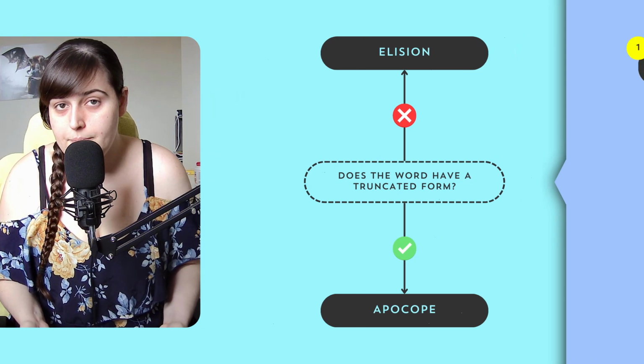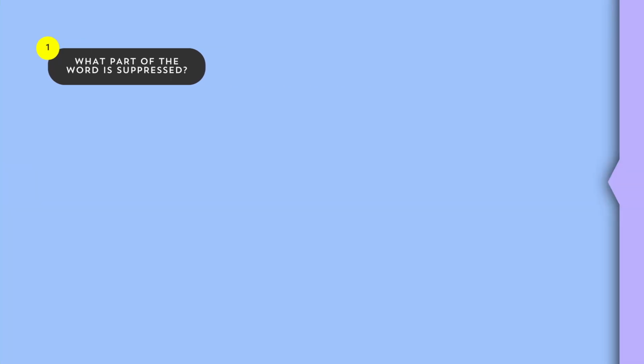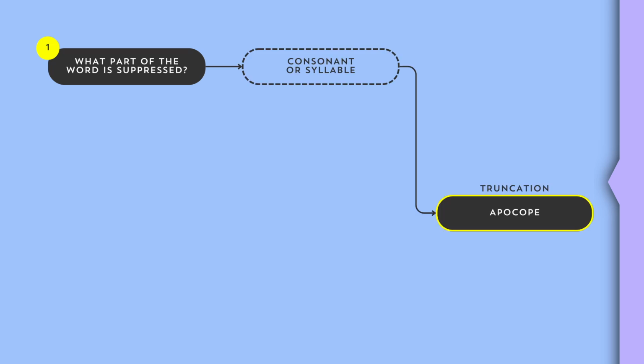In conclusion, let's recap the steps one last time to understand if you should or should not put the apostrophe. Step 1. What part of the word is suppressed? If it's a consonant or an entire syllable, we are facing an apocope, so no apostrophe.